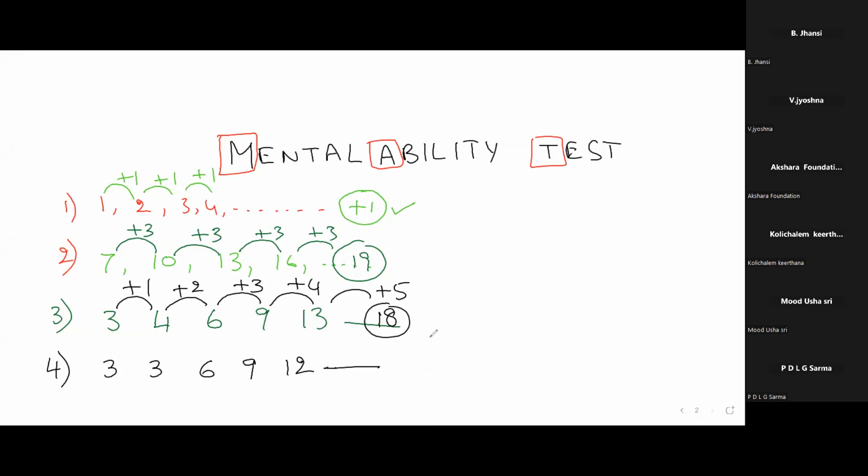Yes, here we are considering multiples. They are simply multiples of 3. Means actually first we are starting with 3. Here you can see this is times 1, then times 2, times 3, times 4. So next one should be times 5. So that's how you can say it is 15, right?